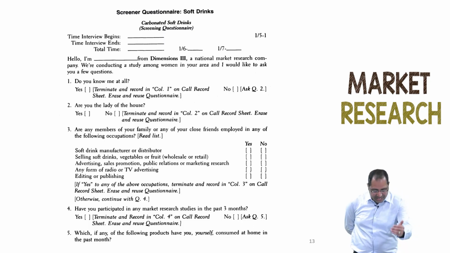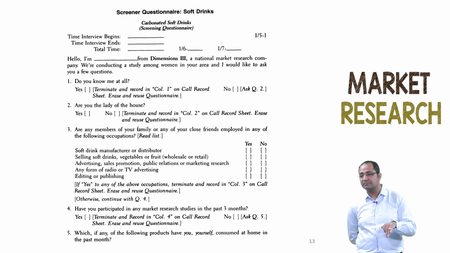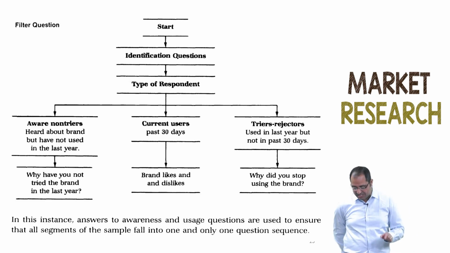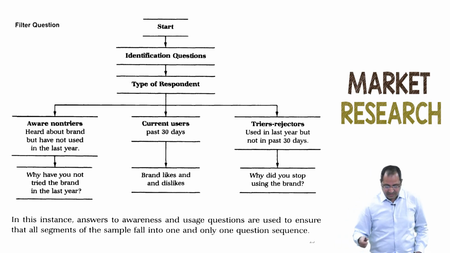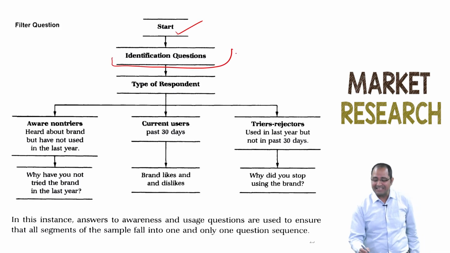If, in between all these questions, even one of your screener criteria is not fulfilled, then at that point you can either terminate the survey, or, if you look at this particular survey on screen, when the survey starts, there are identification questions for the type of risk.